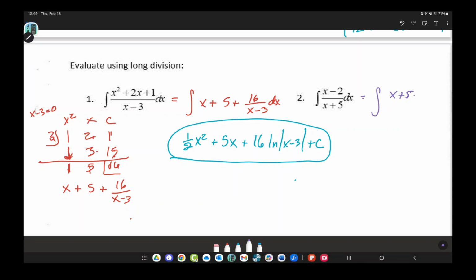Negative 7 over x plus 5. And then we can separate this fraction out as the integral of x plus 5 over x plus 5 minus the integral of 7 over x plus 5. So the integral of 1 dx minus the integral of 7 over x plus 5 dx.